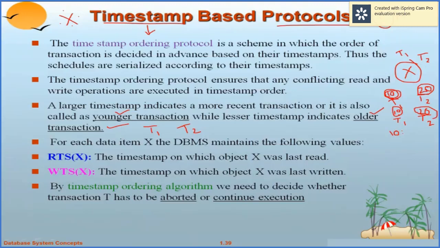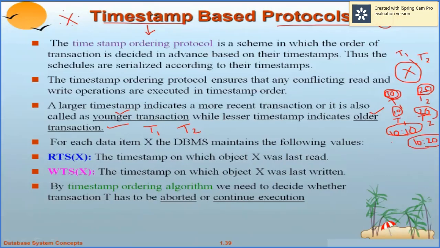For example, my first transaction has happened at 10:10 and my second transaction has happened at 10:20. So I've replaced the integer values with the time. This is also one of the methods through which you can say which one is older and which one is new.